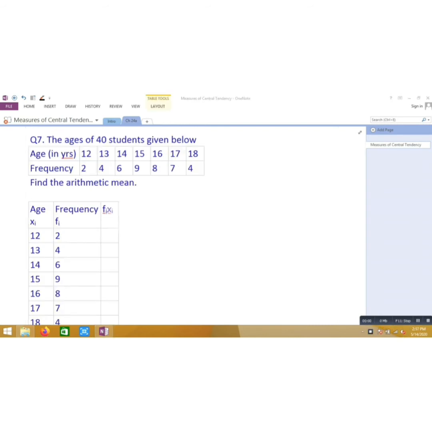Next, question 7. The age and the frequency is given, so with this we can find the arithmetic mean. By applying the formula, first we need to find fx, which is by multiplying the age by the frequency for each of the rows.